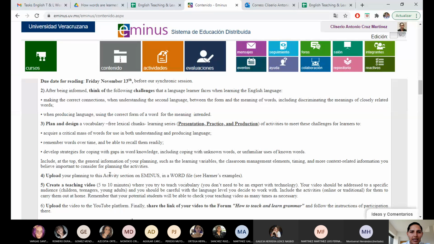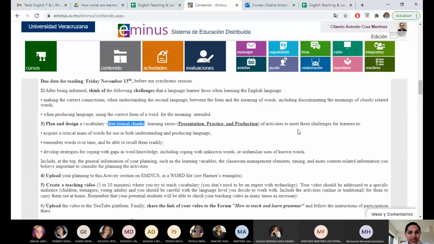You decide the kind of vocabulary you want to work with. Free lexical chunks. Okay. It's up to you. Verb patterns, idioms, or house-related vocabulary, or I don't know, relatives-related vocabulary, family tree. I don't know. You decide.